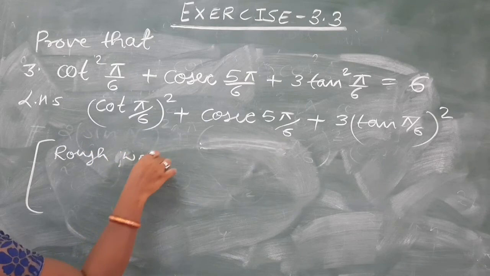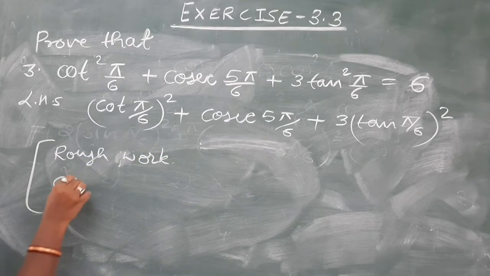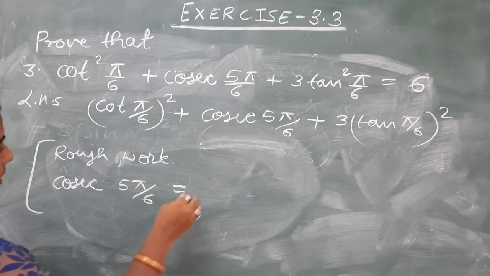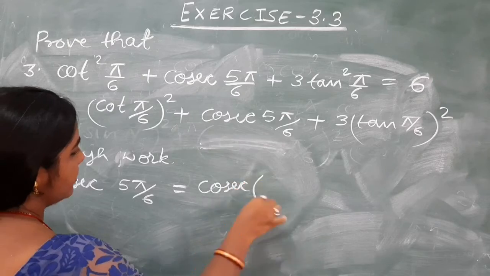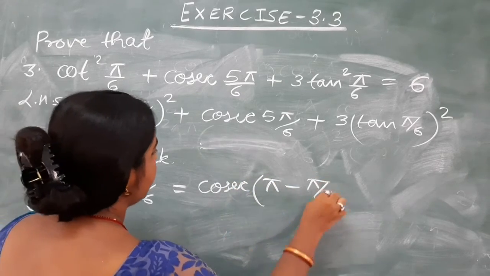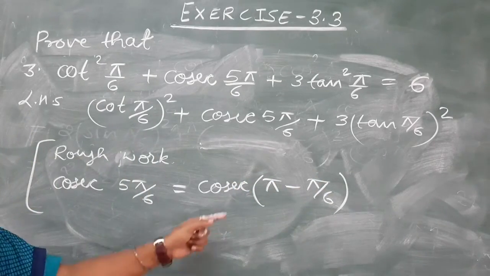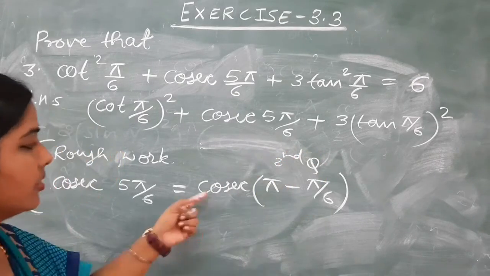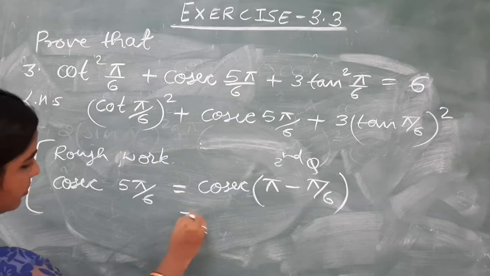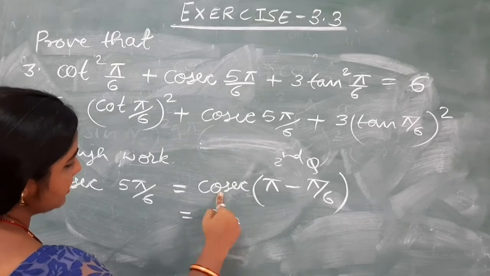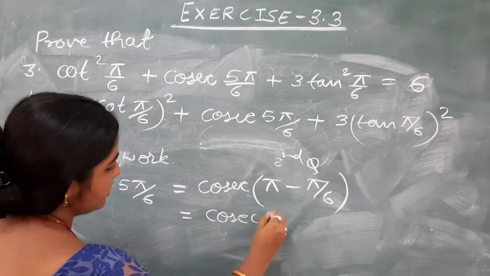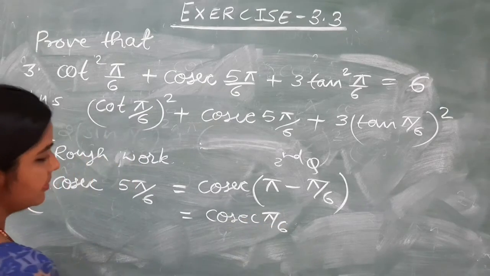So cosec 5 pi by 6 is in the second quadrant, where cosec is positive. So we'll write it as cosec of pi minus theta, that is cosec theta. So cosec pi by 6.